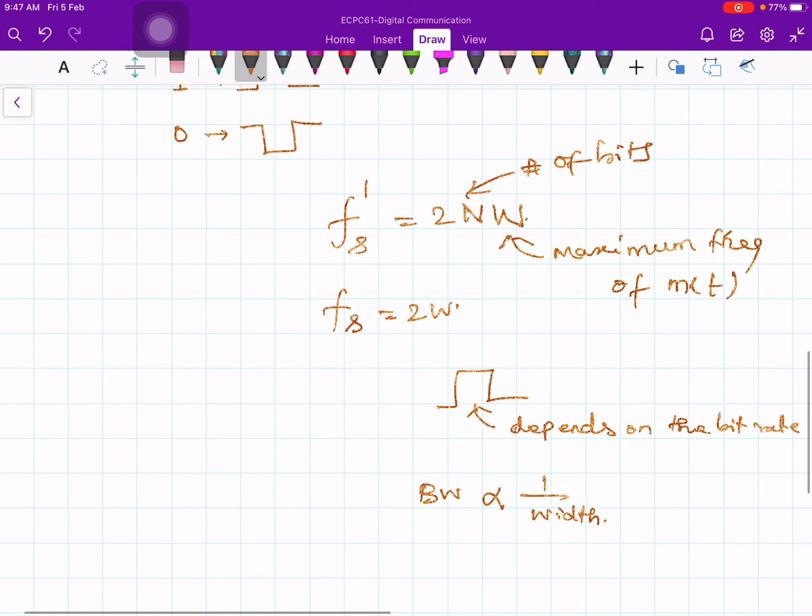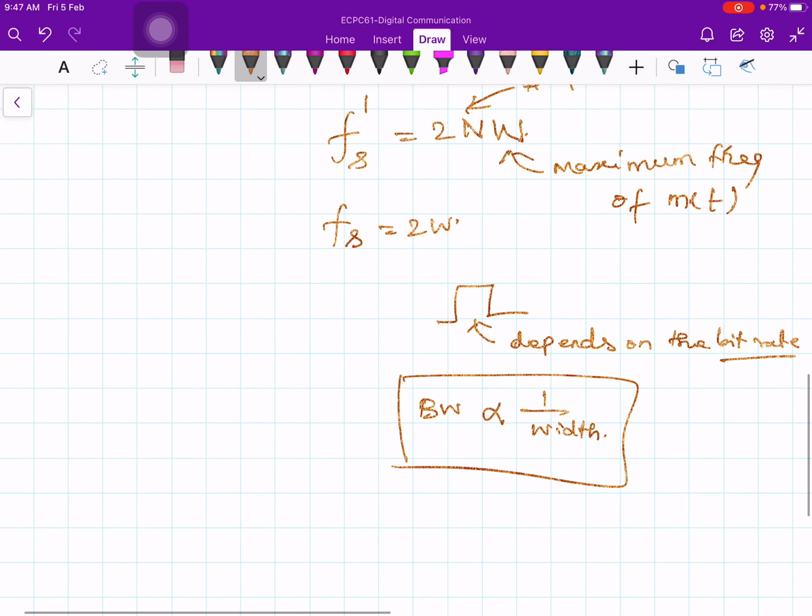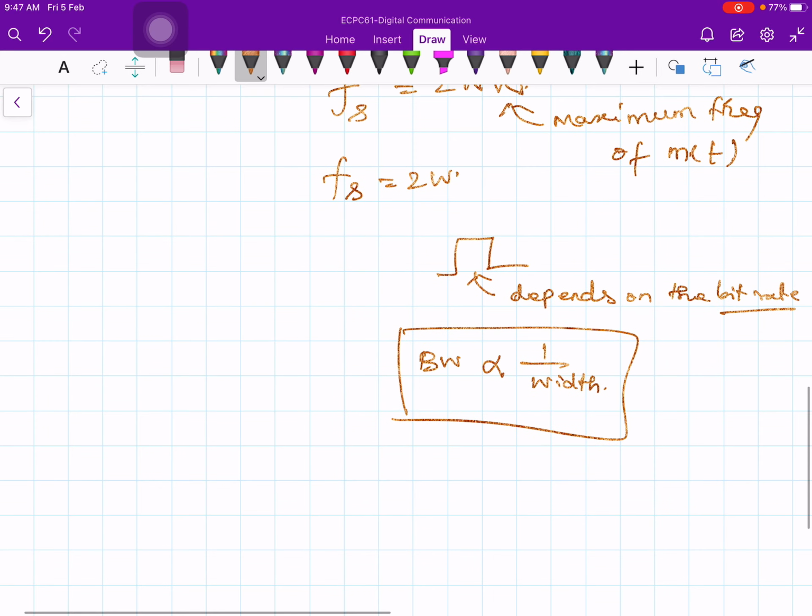So this is a general statement, and again this width depends on the bit rate. That's the reason bandwidth depends, at least to a large extent, on the bit rate. To the same extent, it may depend on other factors like the pulse shape.